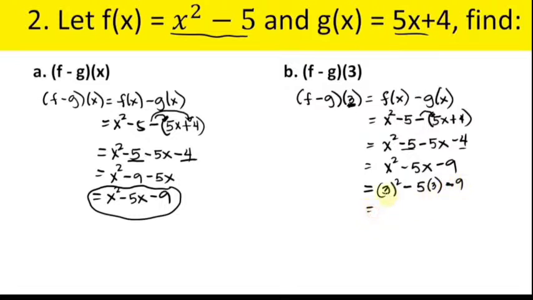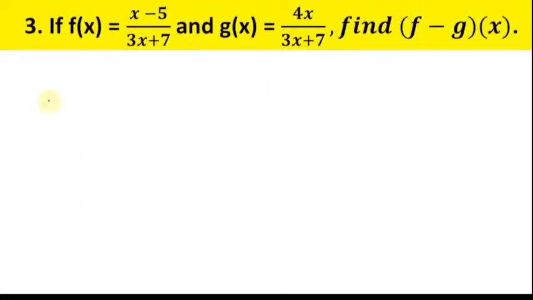Then 3 times 3 is 9, minus 15, 5 times 3, minus 9. So what is our answer? Okay, our answer is negative 15. The positive 9 and negative 9 eliminate each other, so the result is negative 15. Okay, this is our answer.